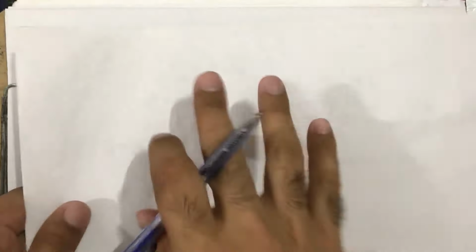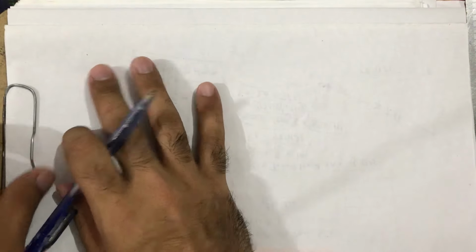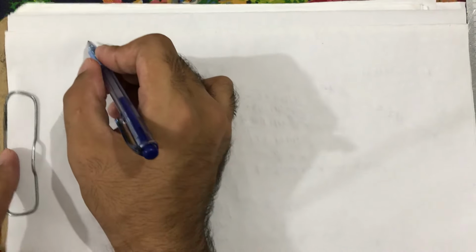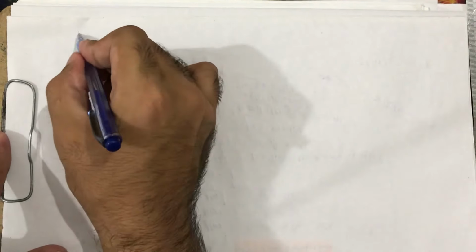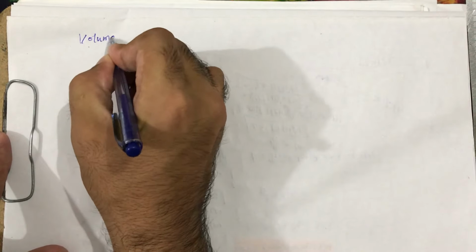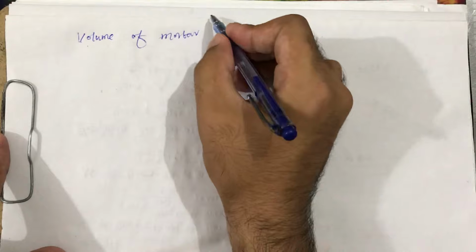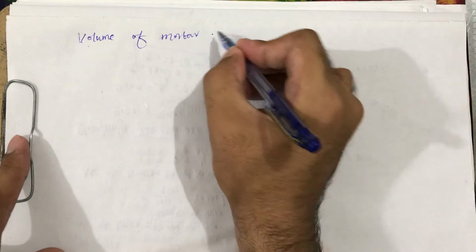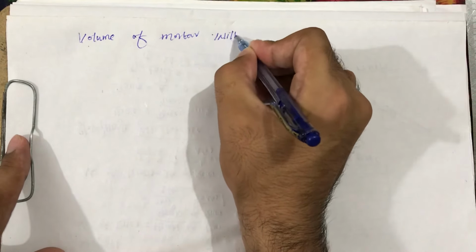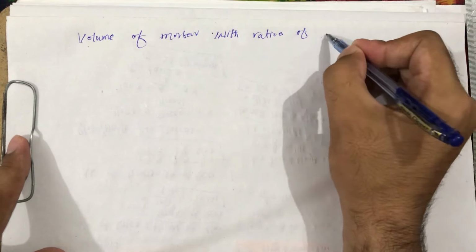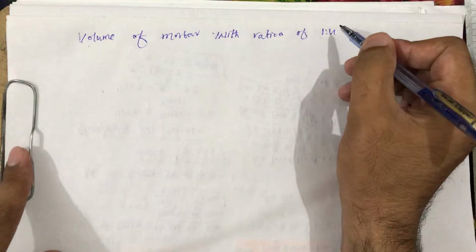So now we have to find the volume of mortar. We have to find it with the ratio of 1:4.